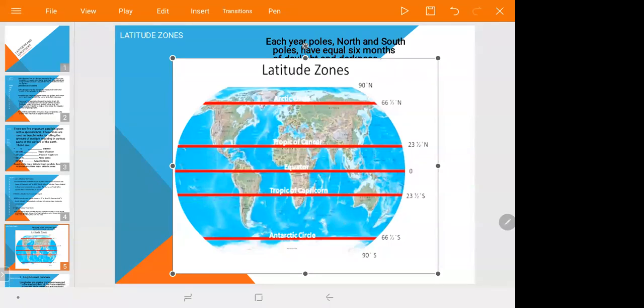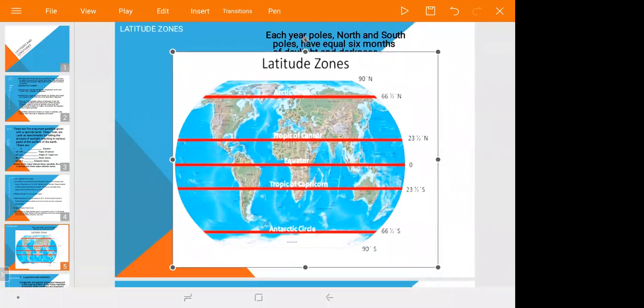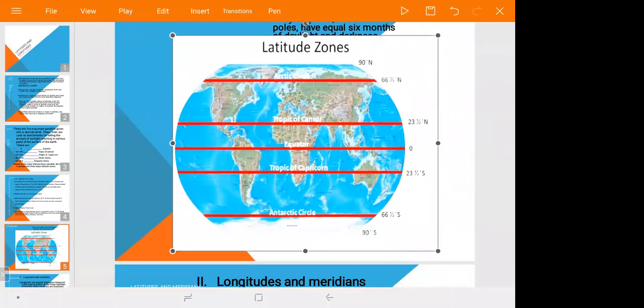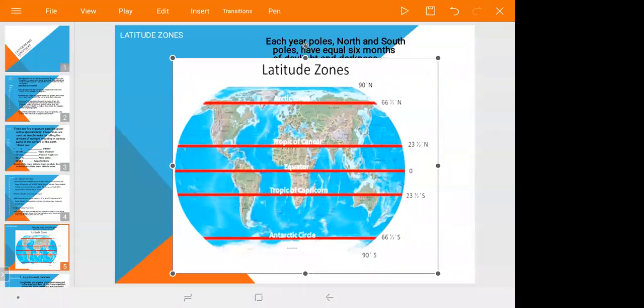At the poles, north and south pole, the length of the day and the night is equal. Therefore, they have 6 months of daylight and 6 months of darkness. Is it clear? Okay.